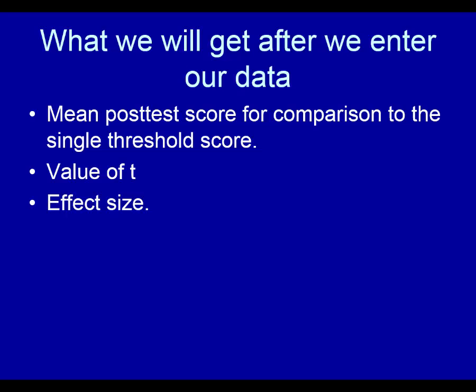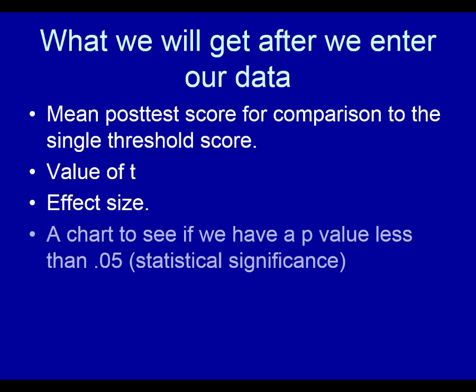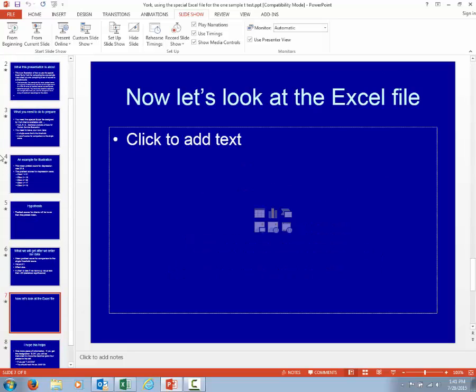You'll get an effect size representing the number of standard deviations of difference between threshold and treatment scores. You get a chart to see if the t-value you have is significant. Well, I'll show you that in just a moment. Let's look at the present time then at that particular file.